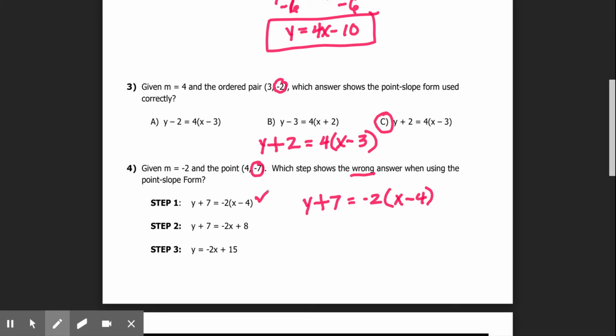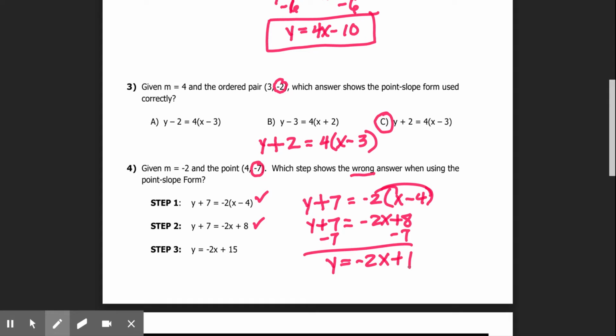So step 2, y plus 7 equals, we're going to hippity-hoppity. So this will be negative 2x plus 8, because negative 2 times a negative 4 is positive 8. And so step 2 checks out. Now let's see. When I subtract 7 from both sides, I get y equals negative 2x plus 1. So step 3 is the wrong answer.